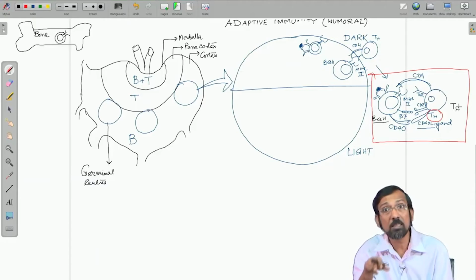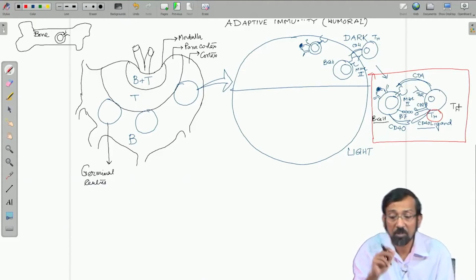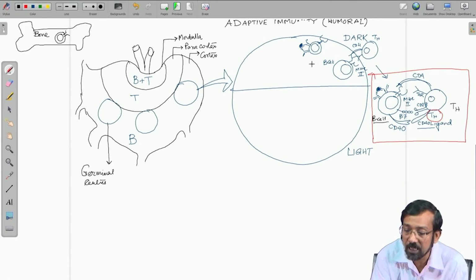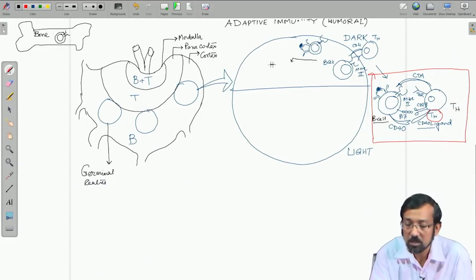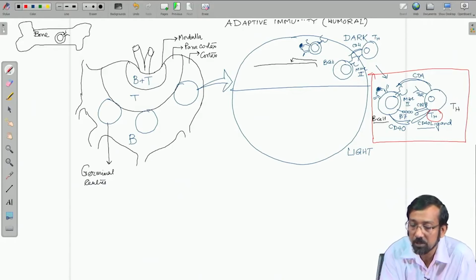Once this interaction is completed, this B cell, which is still in the dark zone, starts proliferating, and what we get are basically the centroblasts.